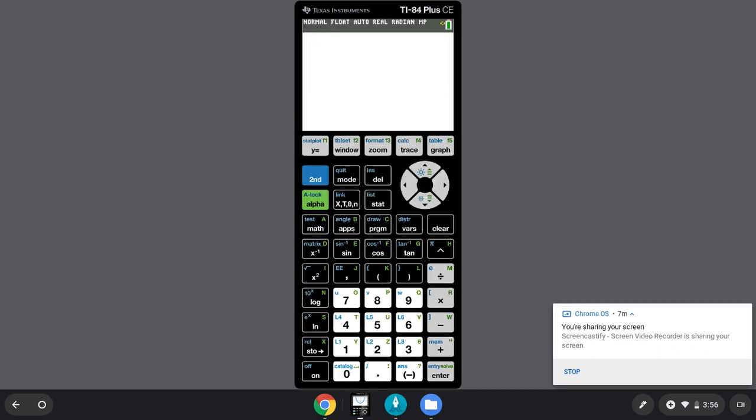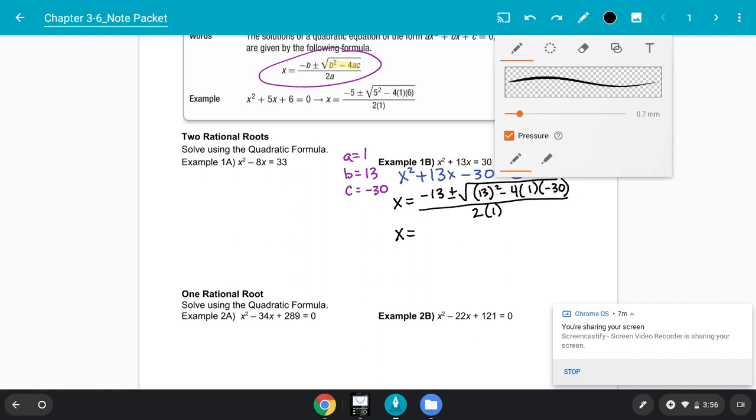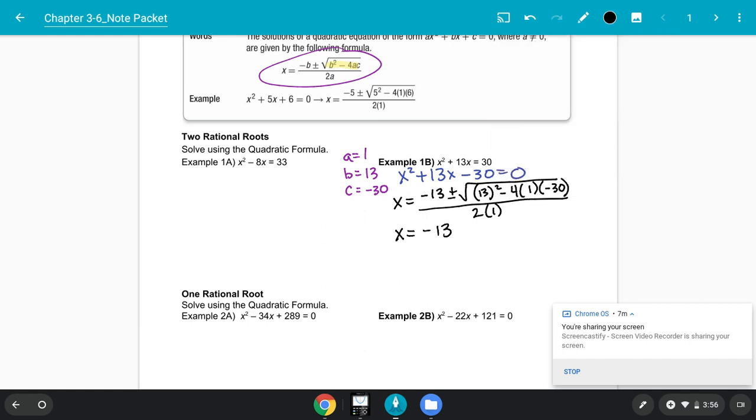So we have 13 squared minus 4 times a times c. So that's 289. So we have negative 13 plus or minus the square root of 289 all over 2.